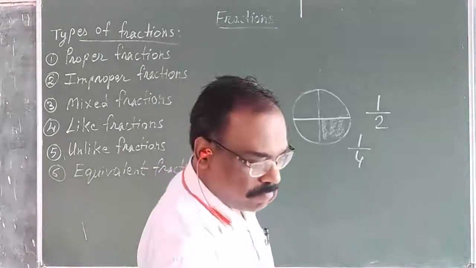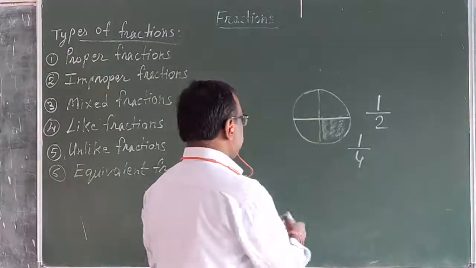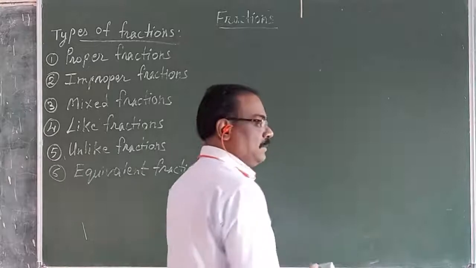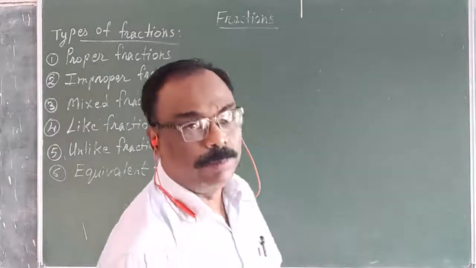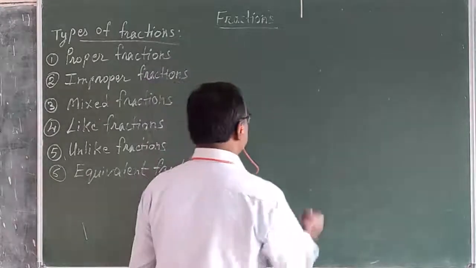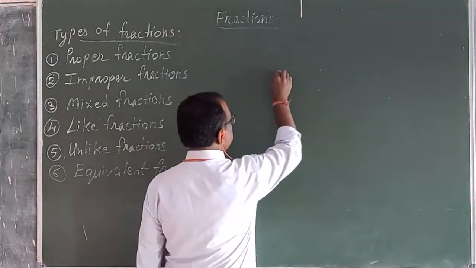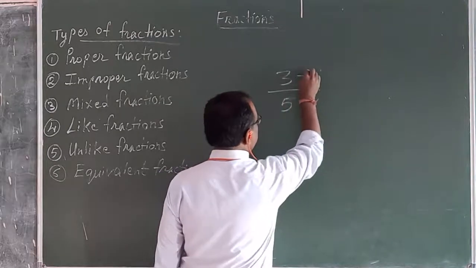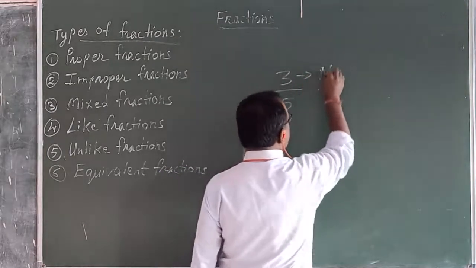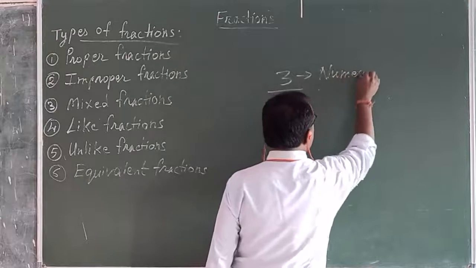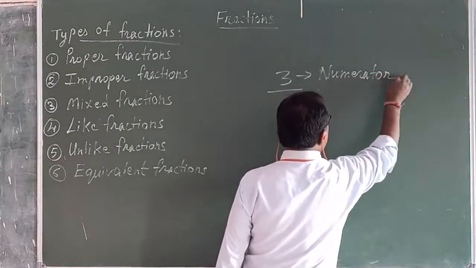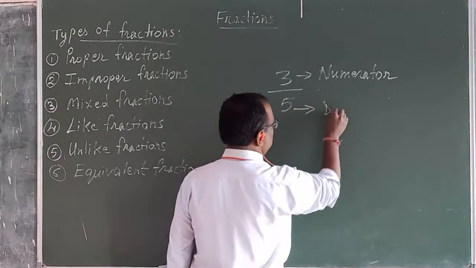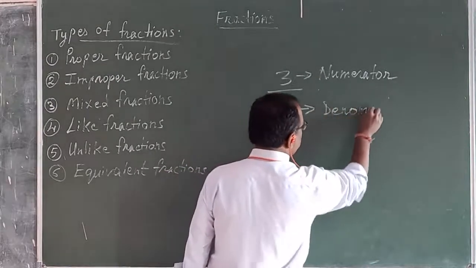Whatever we write on the top is known as the numerator, and what we write at the bottom is called the denominator. Suppose I have written here 3 by 5. This 3 is called the numerator, and the bottom is 5. This is called the denominator.